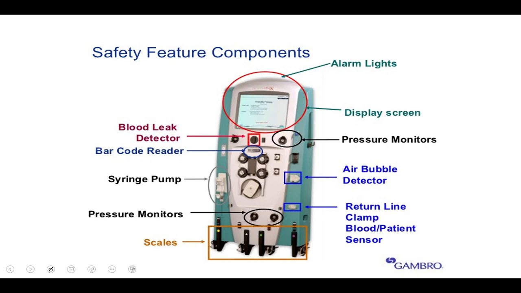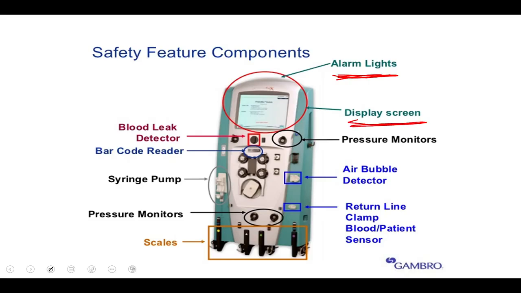The Prismaflex device for CRRT comes with several safety features for patient safety. We have the alarm lights, usually at the very top of the device, that tell us if we're good to go or if we are having some kind of problem. It's a good way of alerting us to what's going on in the CRRT system.